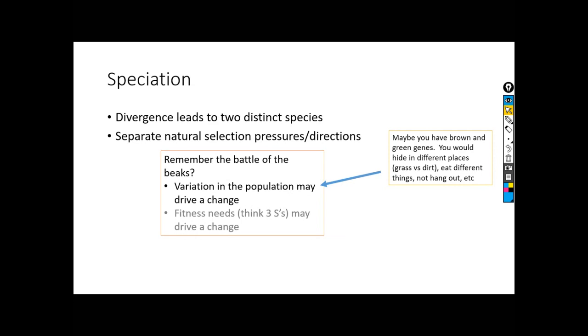As a brown individual, I'm going to spend most of my time in the dirt with other dirt-colored bugs, and less time with other green-colored bugs, because the more time I spend with green-colored bugs, the more likely I am to die. Remember, death is bad, because then I don't get to breed and do all of that natural selection-y stuff.